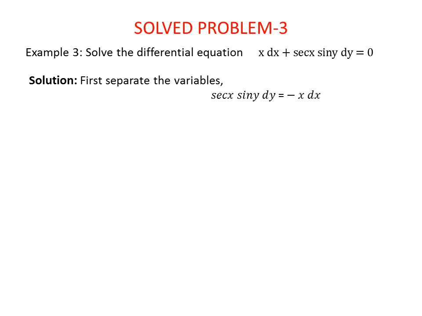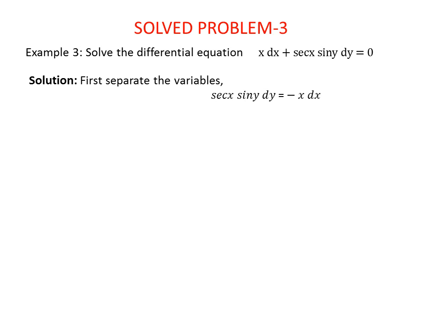First of all, because there are two variables in the given equation, one is x, another one is y, we have to separate these two variables and their functions. We can write sec x sin y dy is equal to minus x dx.